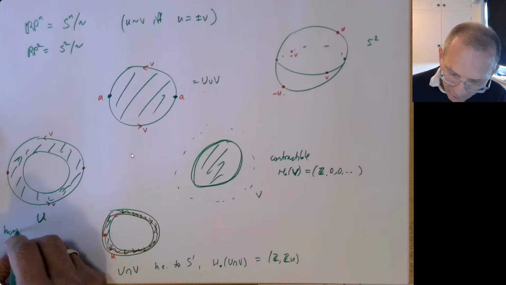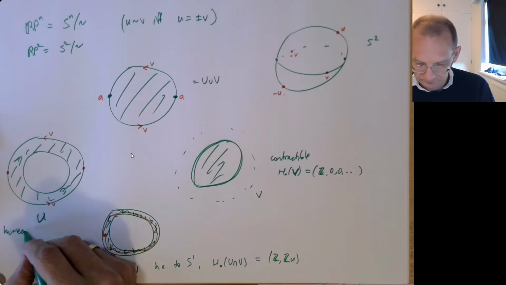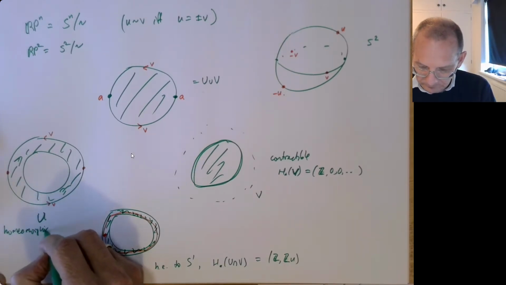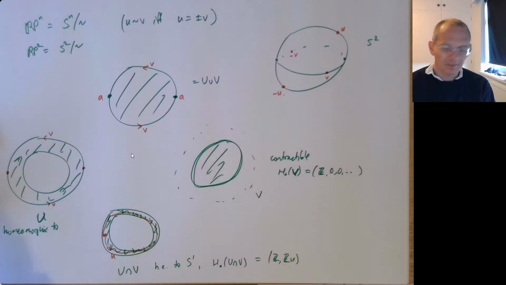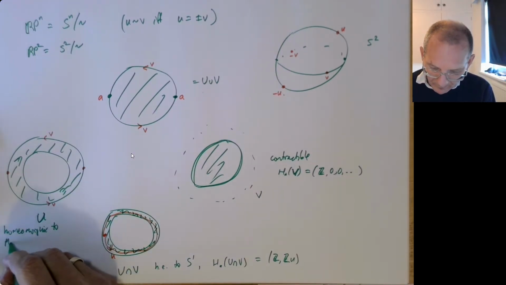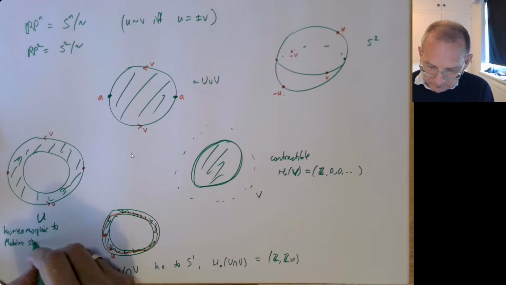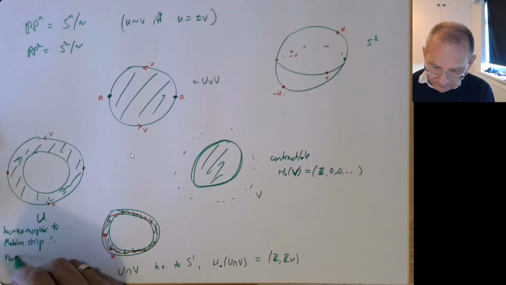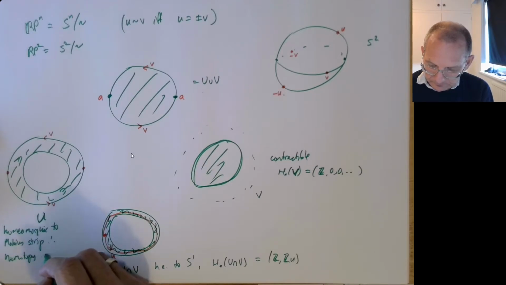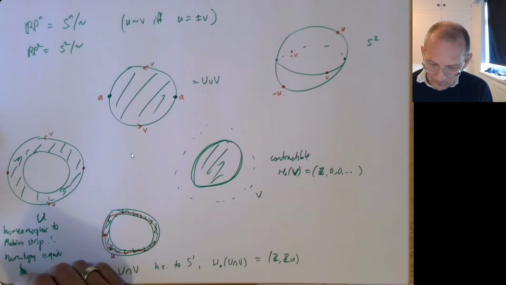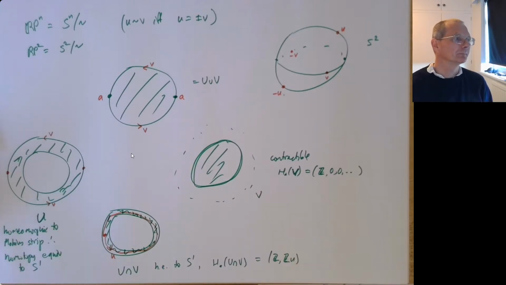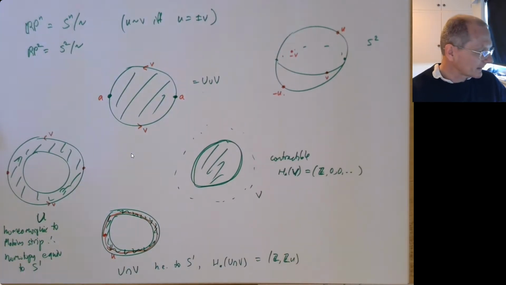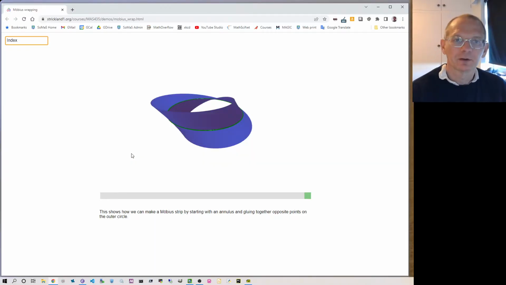So this is homeomorphic to the Möbius strip, and therefore homotopy equivalent to S1. Okay, let's maybe also just explain that.